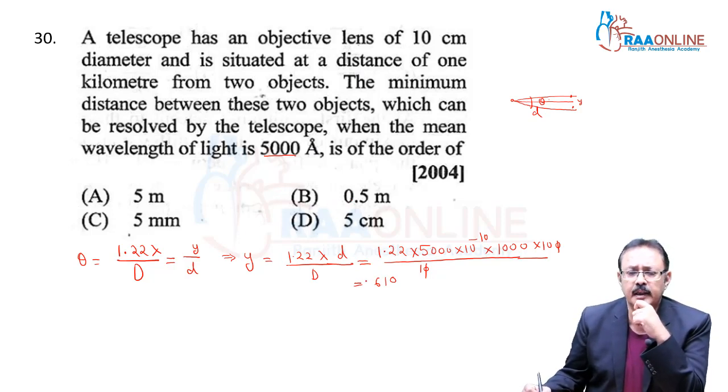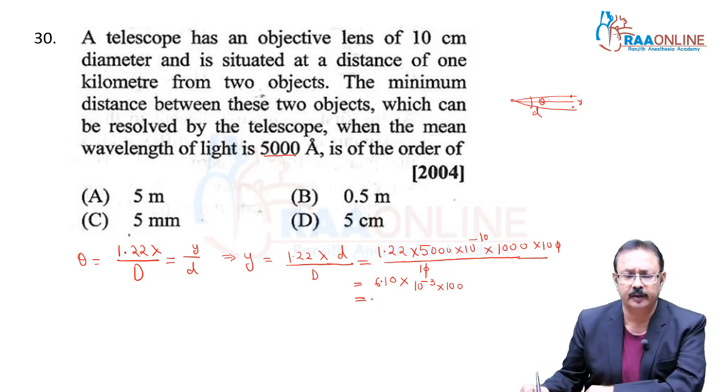So we will check what option we are getting. Nearly 1.22 into 5, 6.10 into 10 to the power minus 4. Minus 4 meter means, in centimeter, multiply by 100, so we are getting 0.6 centimeters.